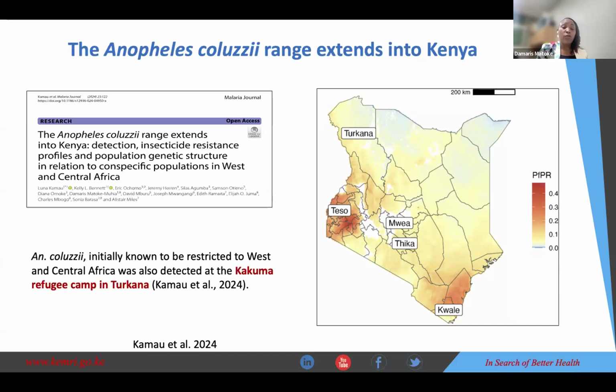It was a concern: what is the role of the vector as far as malaria transmission in the country is concerned? Remember, Turkana is one of the areas where we are now seeing stable malaria transmission occurring, courtesy of the identification of stephensi. Also, we've seen Anopheles coluzzii, but also a lot of Anopheles arabiensis in that county.